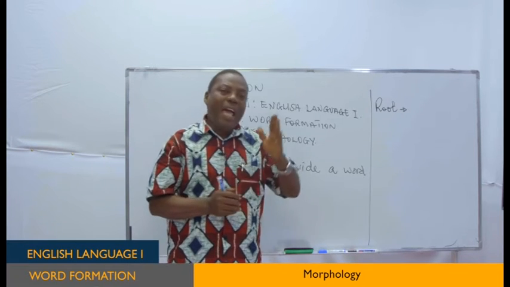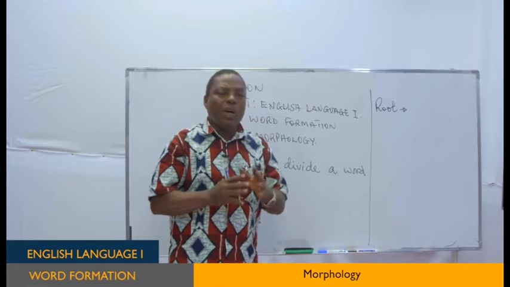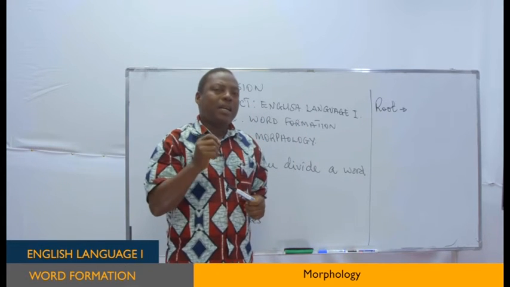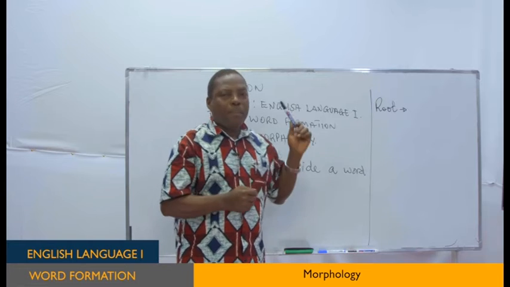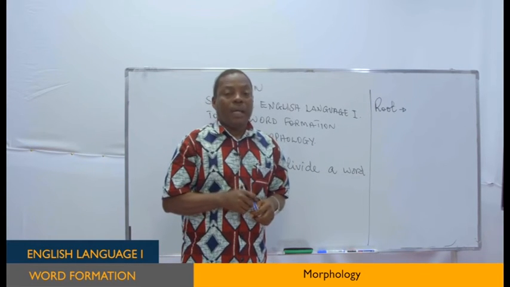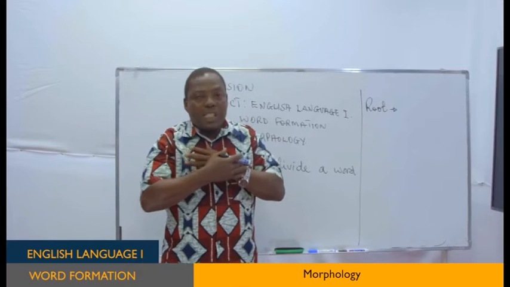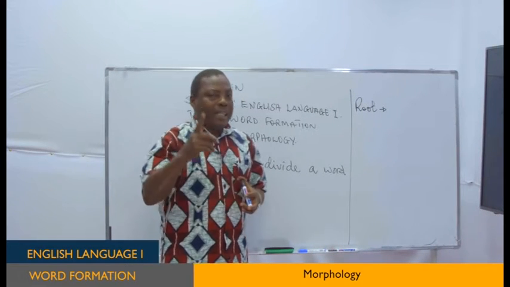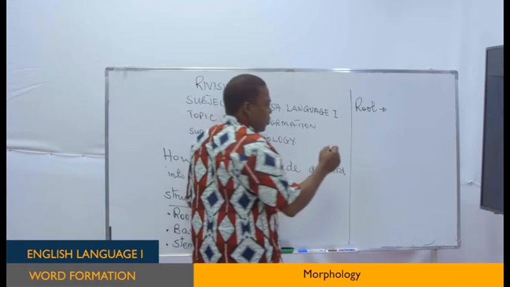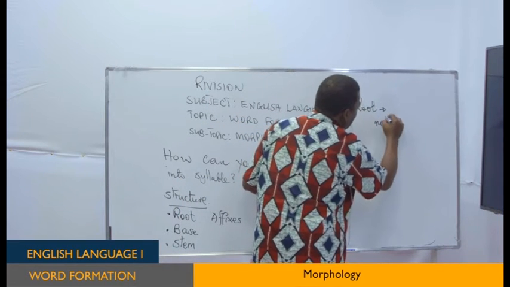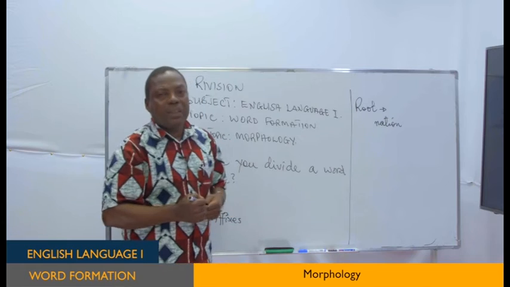And if you omit either a syllable or a letter or whatever from a root, the meaning which was supposed to be presented by a root will be distorted. And you might have something which does not exist in a language. Let us have an example. You have this word nation.